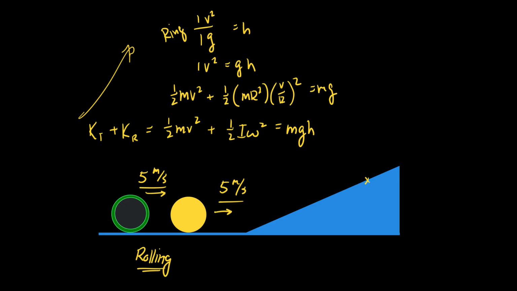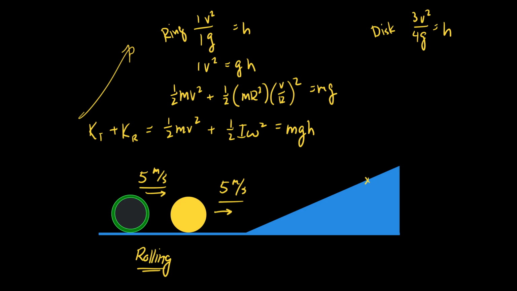Cancel out the m's. Do the same thing for a disk, and you'll get 3v squared over 4g equals h. So yeah, I could put the 5 in there to see which one goes further, but can you tell which one goes further just from looking?